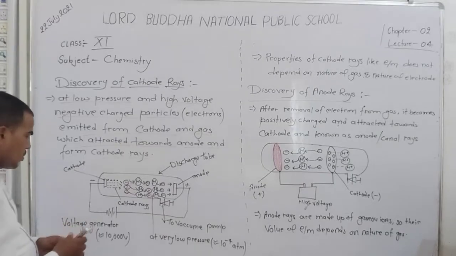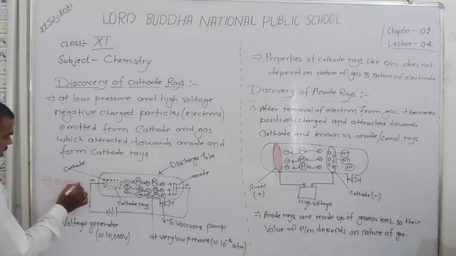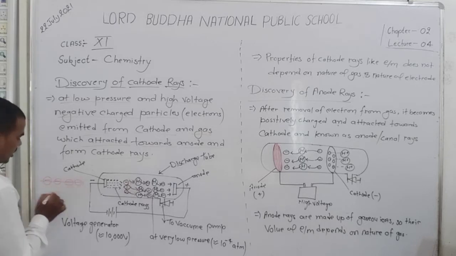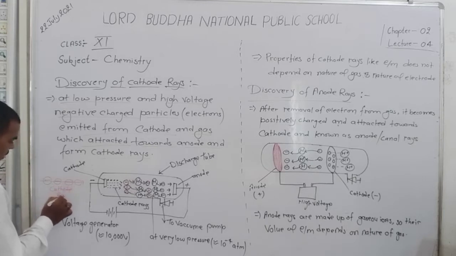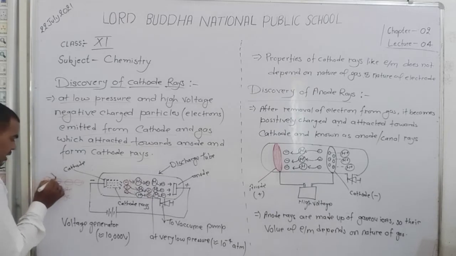Dear student, a group of negative charge particles is known as cathode rays. A single negative charge particle is known as an electron.